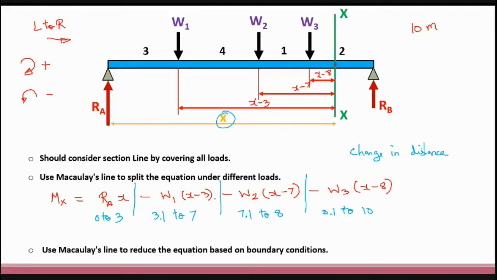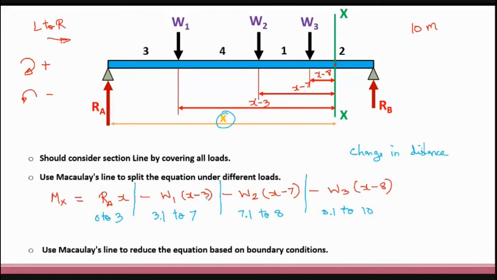Here, 1 minus 3 is minus 2, negative here, which means I should not consider this. Similarly here, 1 minus 7, negative. We should not consider this. 1 minus 8, again negative. We should not consider this. Okay. When I consider x is equal to 4.5, for example, x is 4.5, positive. You have to consider this.